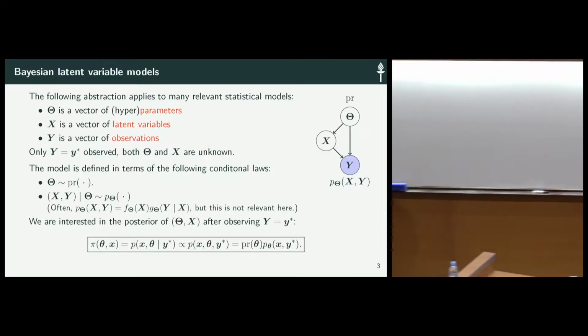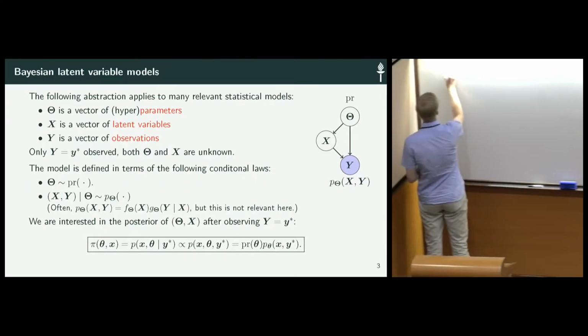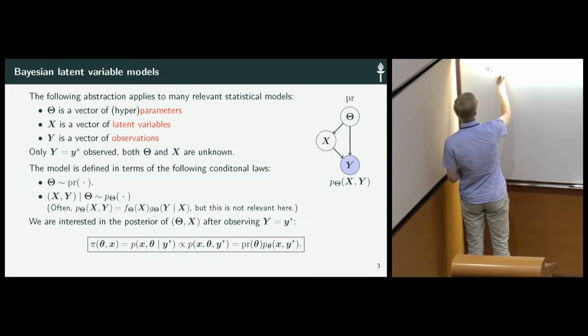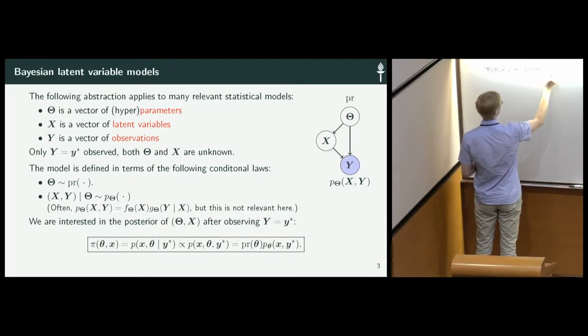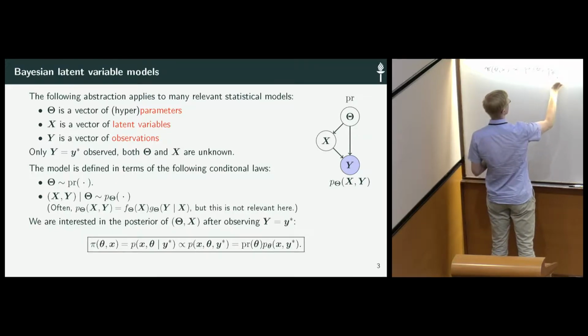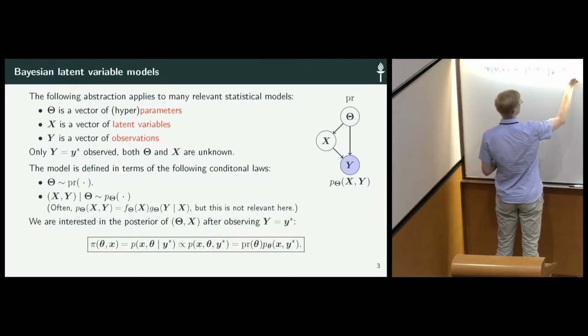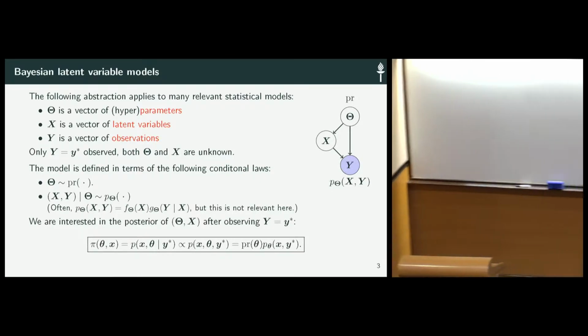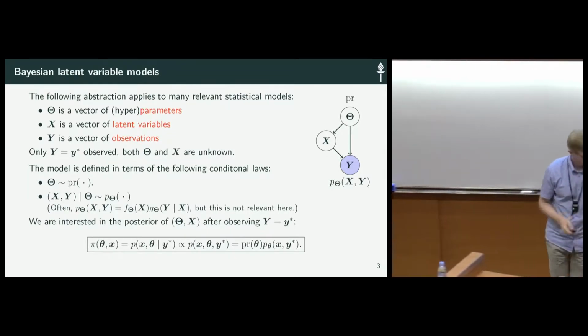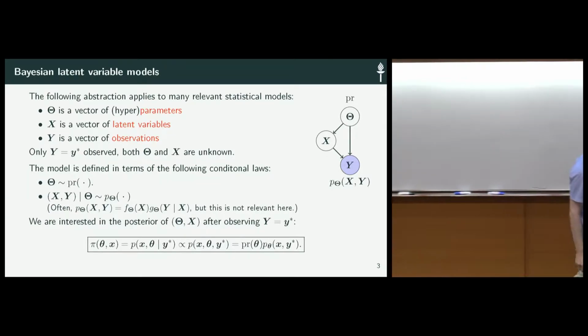So we are interested in pi of theta, x, which is proportional to the prior of theta and then a joint of x, with the observed values plugged in. Right, this is what we care about. We would like to do inference with that kind of a setting.